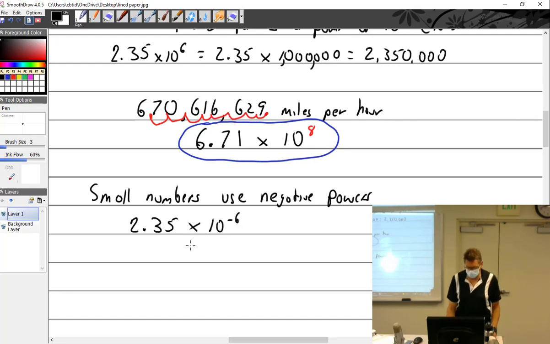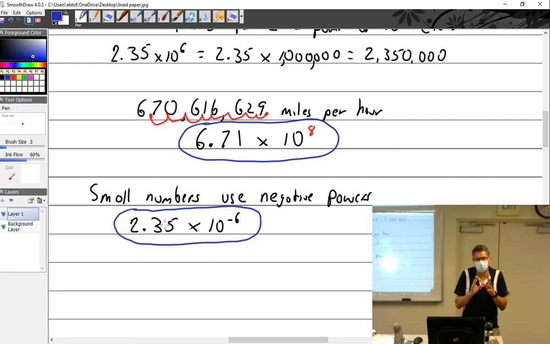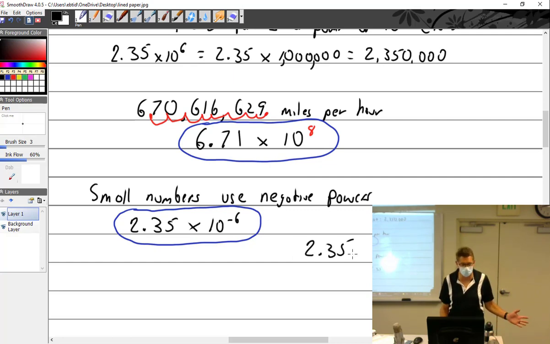So I have that number, and I've just written it down. Now we got to just go back to what I talked about a minute ago. We are going to unpack this number. Is this 2.35 going to get bigger or smaller? Smaller. Okay, so we're unpacking, it's going to get smaller. So I'm going to write that number down, 2.35, and to unpack it, it's going to get smaller.